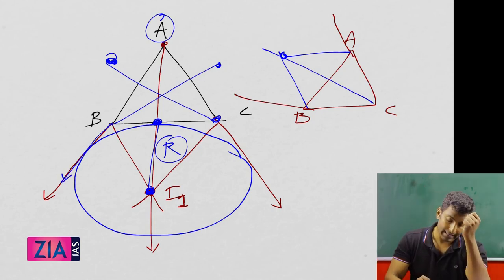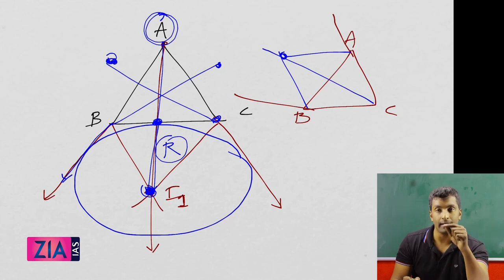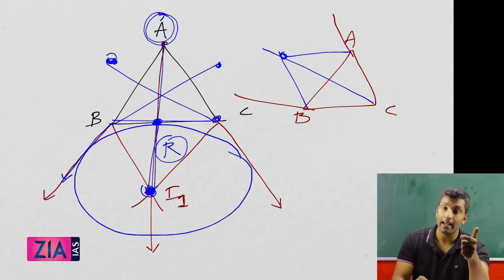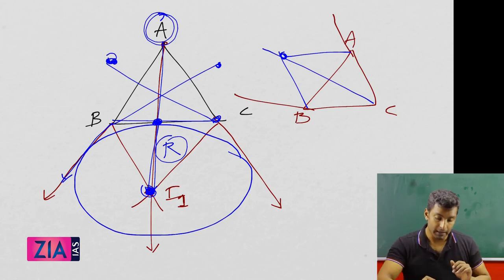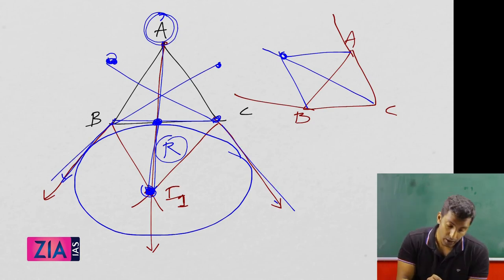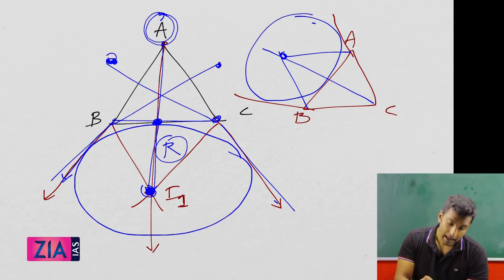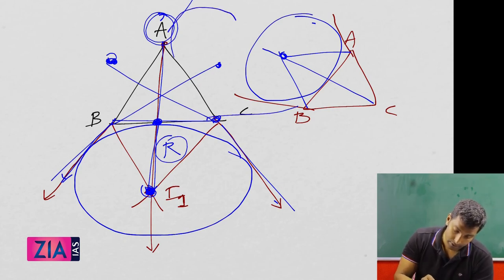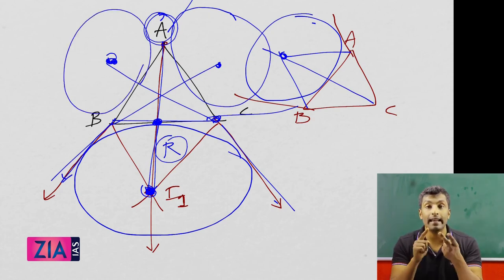So the Excircle is touching the opposite side of angle A, because the Excenter is formed opposite to angle A, and also touching the produced sides, this side and this side. Here also, if you extend this, this circle is going to touch like this. You can produce it and get a circle which is touching like this. So you'll get three Excenters, three Excircles, three Exradii.